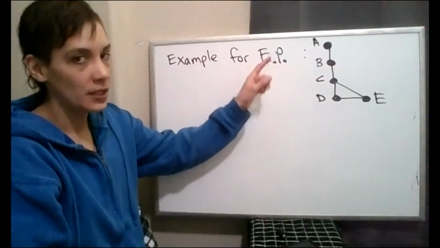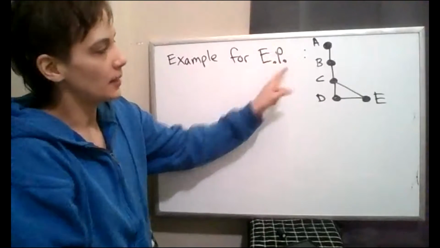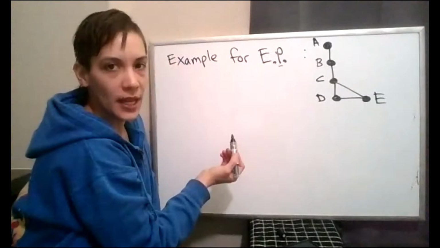So for Euler path, we need to use each edge one time and use every single edge.